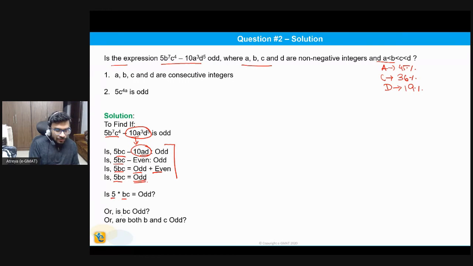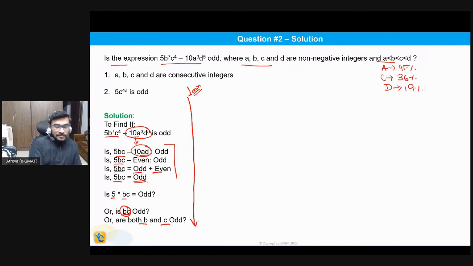Now, when is 5b times c odd? It means when b times c is odd, or essentially, when is b times c odd? When both b and c are odd. So the question is asking me whether both b and c are odd or not. Now, this entire process would take you around a minute to think through for the first time.